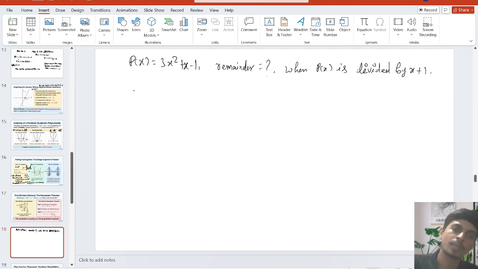So we have to perform this long division method as like that. Then we find the remainder in some steps. We find the remainder. We do not follow these steps.